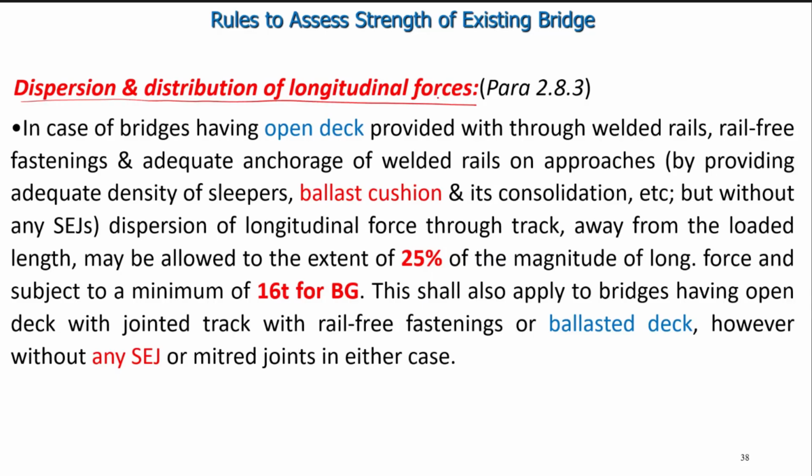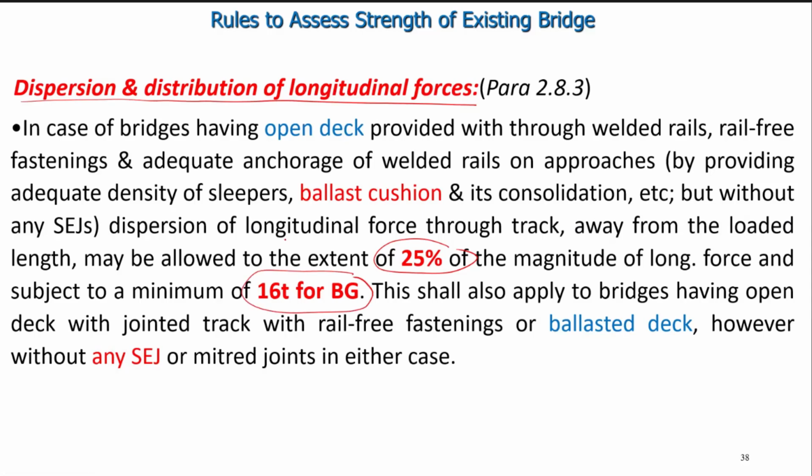Next clause I discussed is the dispersion and distribution of the longitudinal force. It is a very important clause, as I have shown in the graph by the dotted blue line. It says that if our track is open, meaning welded rails, rail fixing, adequate anchorages and sufficient ballast forces are available, without SEJ, then dispersion of longitudinal force through track may be allowed up to 25% or 16 ton, whichever is more.